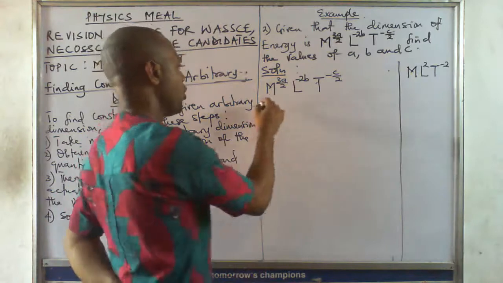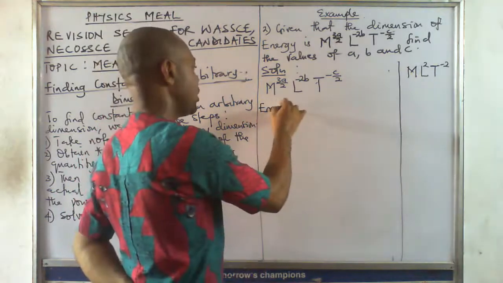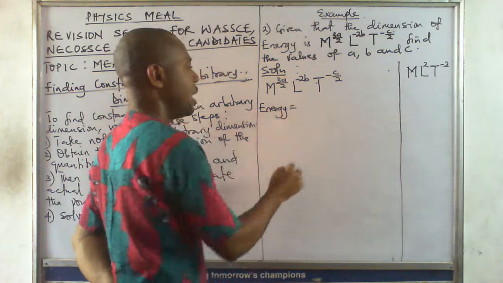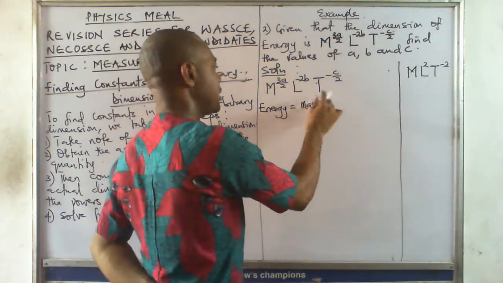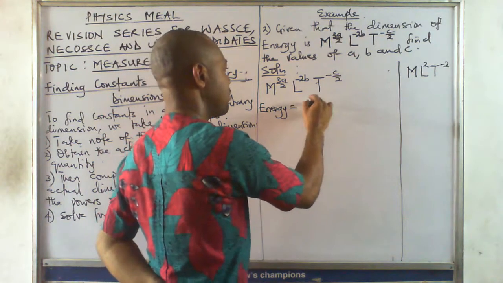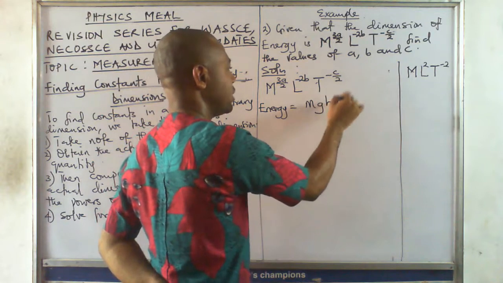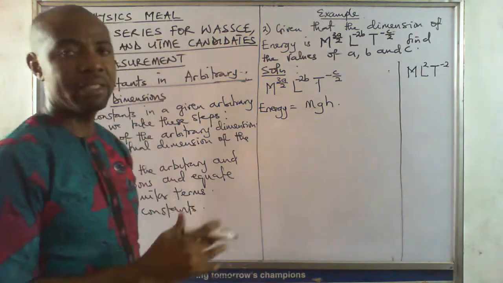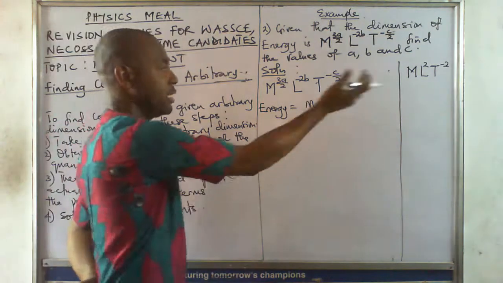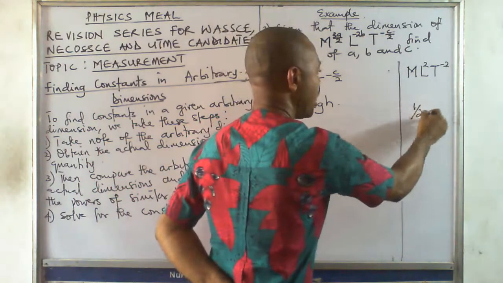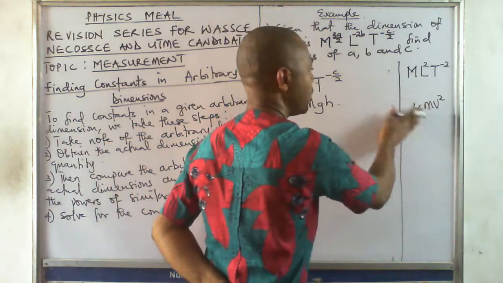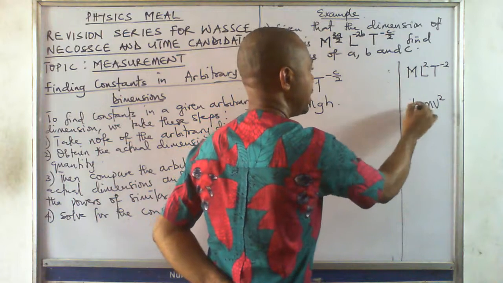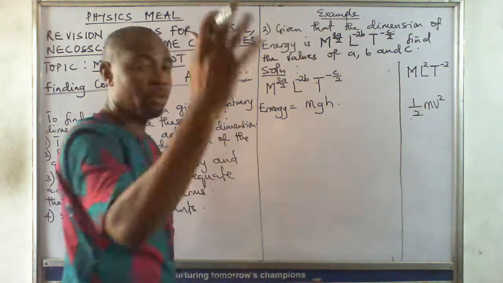We know that one of the energies we usually talk about is potential energy. And potential energy is mass times acceleration due to gravity times height. You still remember this? Kinetic energy is half mv squared. That's kinetic energy as a result of motion of a body.